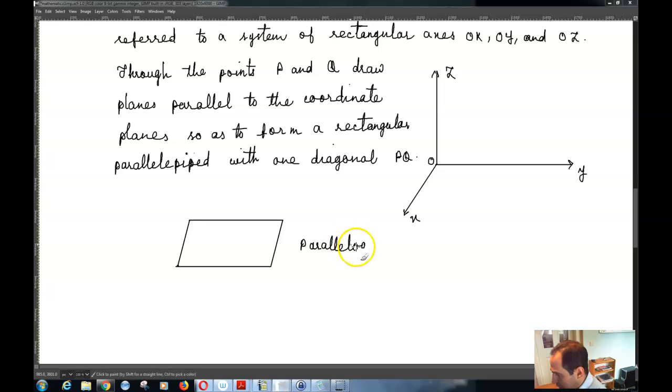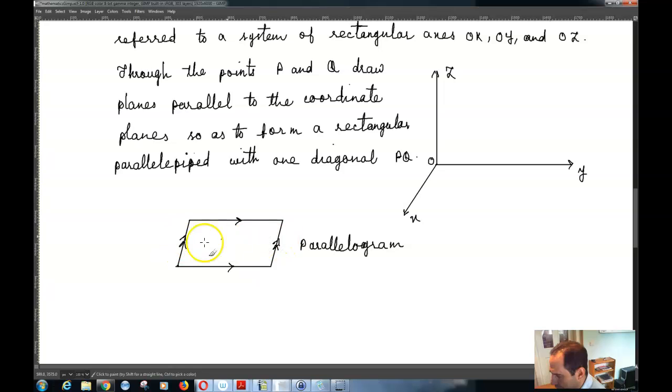So in order for a geometric figure to be a parallelogram, basically the two pairs of opposite sides have to be parallel, meaning that this has to be parallel to this one and this has to be parallel to this one.